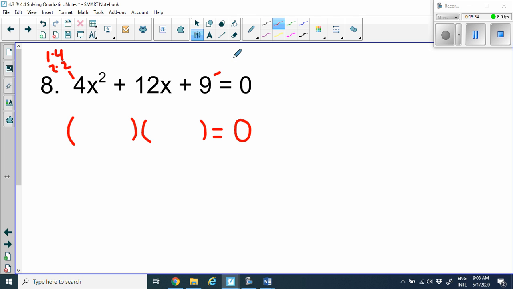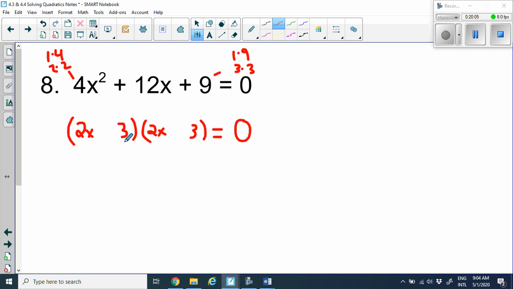For 9, we have 1 and 9, and 3 and 3. So for both of them, we have multiple pairings in our list. So remember, when you have multiple pairings in your list, you go from the bottom and work your way up. So for the 4, we're going to try 2 and 2. So I have 2x and 2x. And then for my 9, I'm going to try 3 and 3.